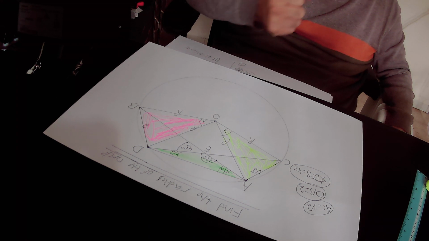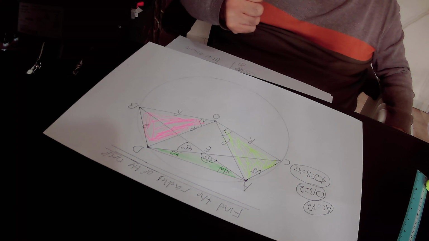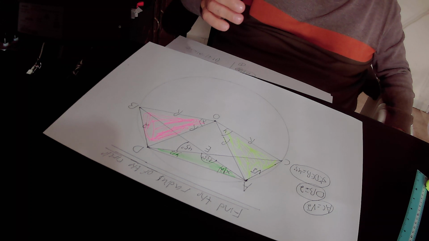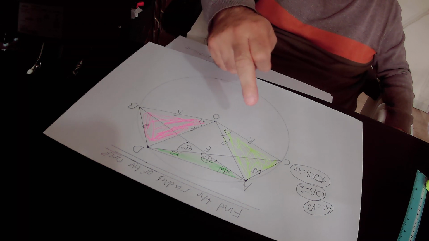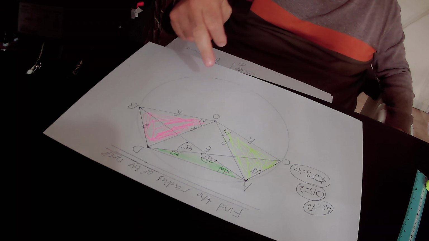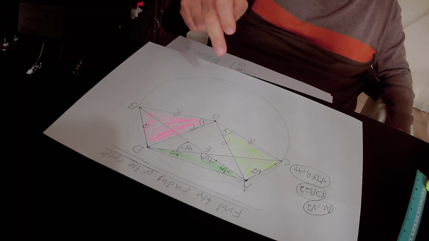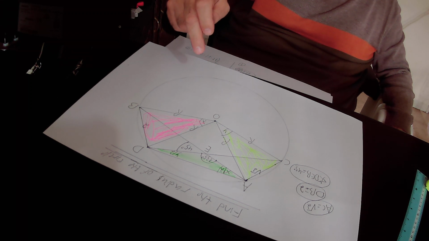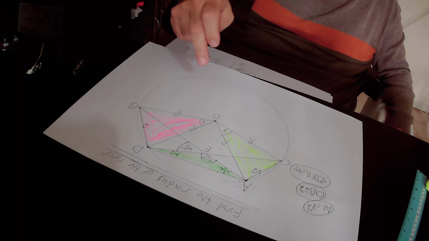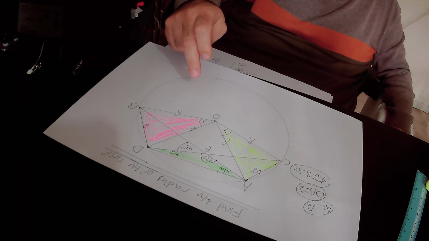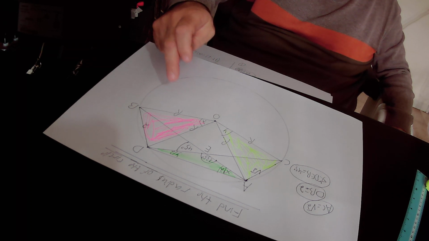But we also know that the diameter of any circle is the longest chord in the circle. So the diameter 2r is the longest chord in this circle, and therefore the diameter 2r must be greater than DB, which is not the diameter.